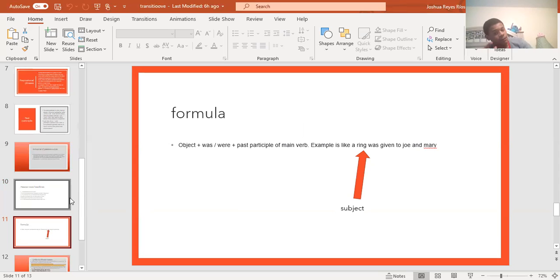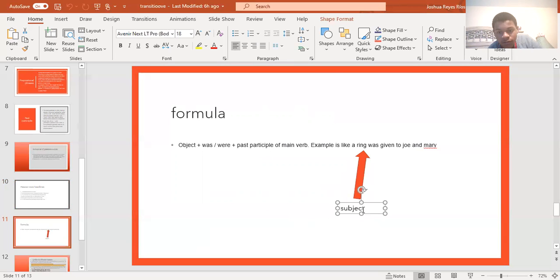This is the formula for how to make one of these sentences: object plus was or were plus a past participle of a main verb. Now you can see the arrows pointing at the ring. It's supposed to say object. Let me hold on, give me a second here. Let me just fix that real quick. While I'm fixing this, I won't keep talking.